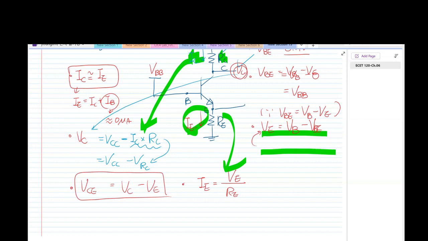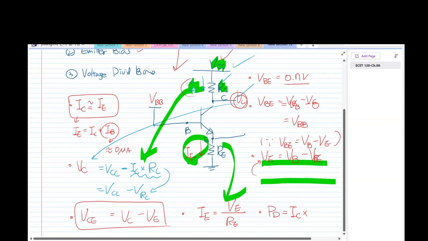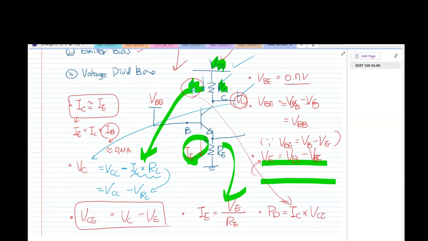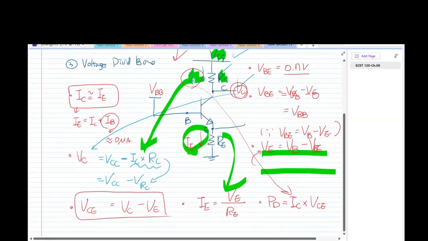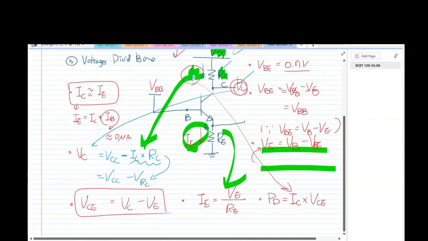Now the power dissipation, the formula for this case, with I sub C the collector current: I sub C multiplied by V sub CE.